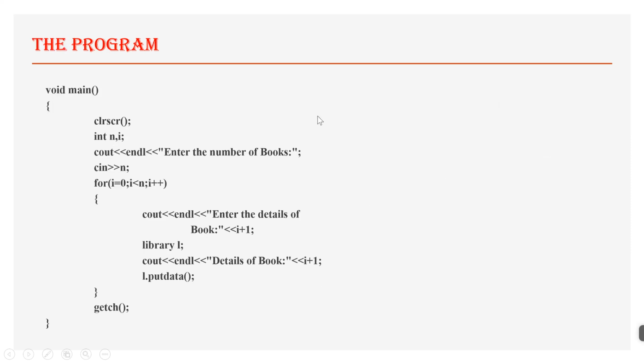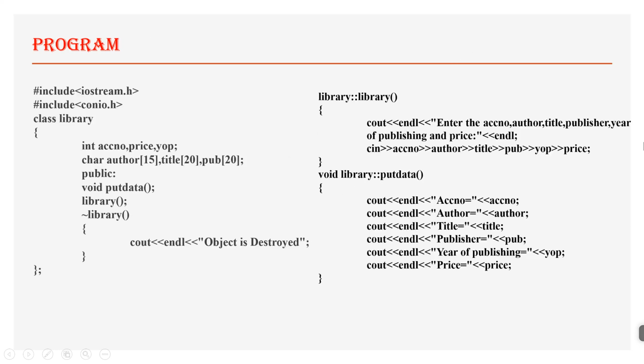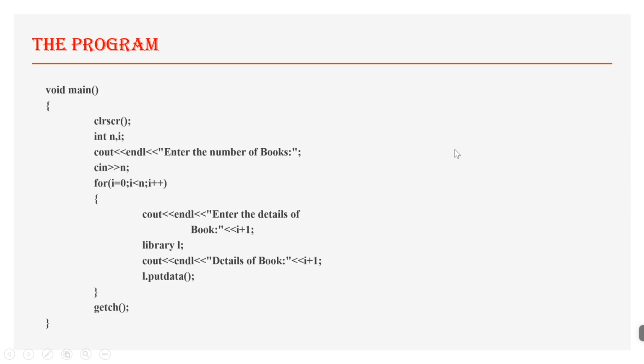So once again I'll say first book, library L. It will read the first book's content. Then when I go to the next, i becomes 1. Suppose n is 3, so now i is 0.